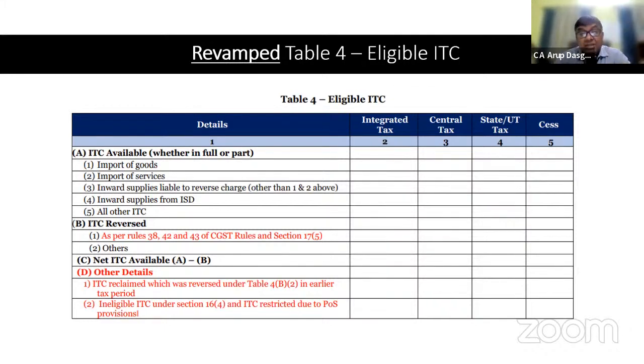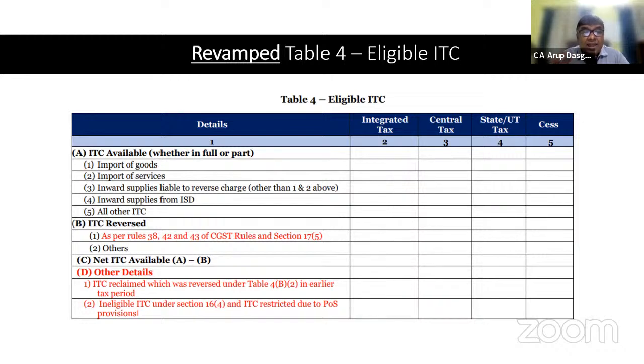Only then they could be sure that this ITC is not going to be claimed. And then they could do the settlement. But now, when every month we are going to show the ineligible credit, Rule 42, Rule 43, Rule 38, which is a permanent reversal, that money can be actually settled between the states.